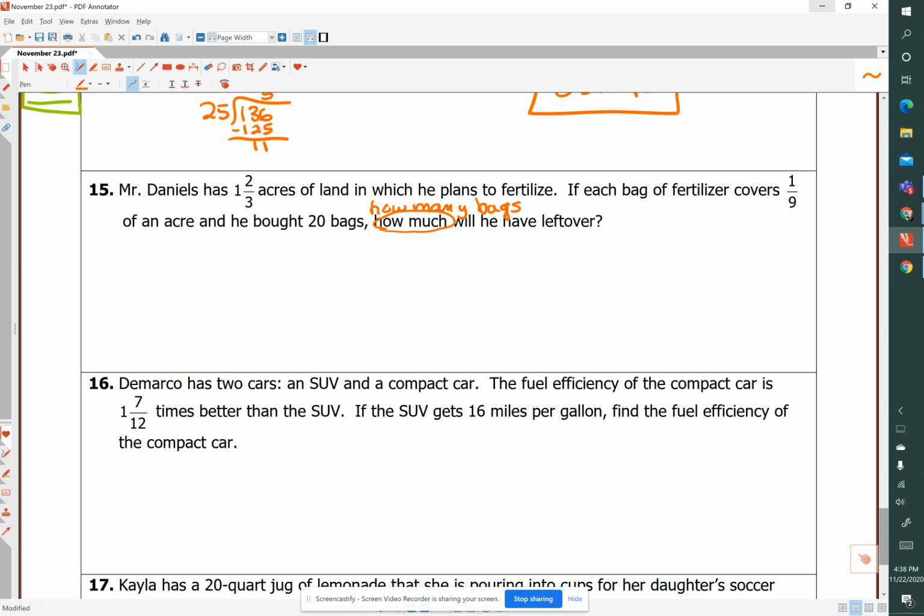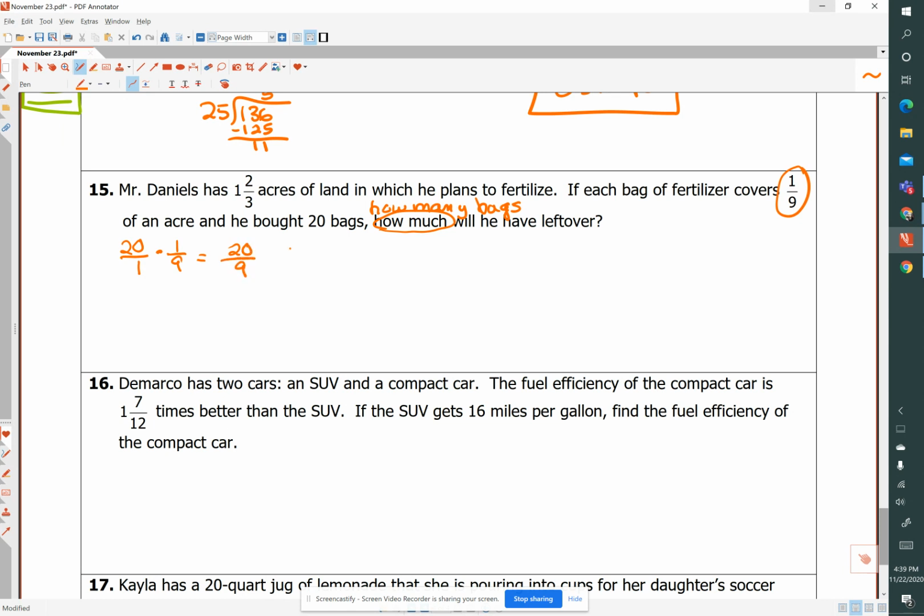So first thing we need to do is multiply 1/9, that's how much is in one bag, times 20. So 20 times 1/9 equals 20 ninths.